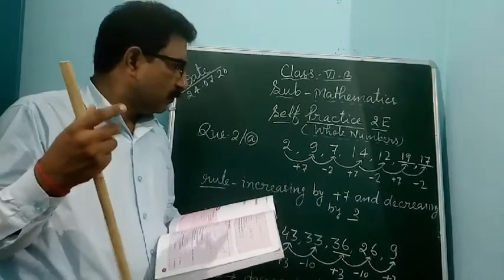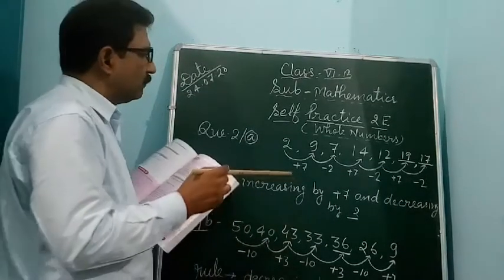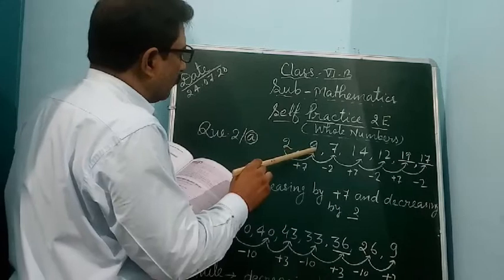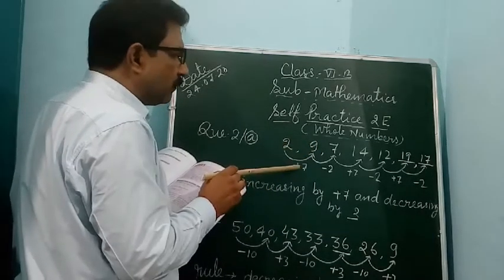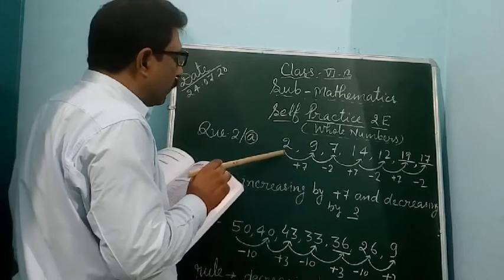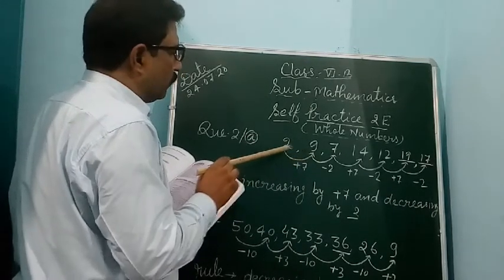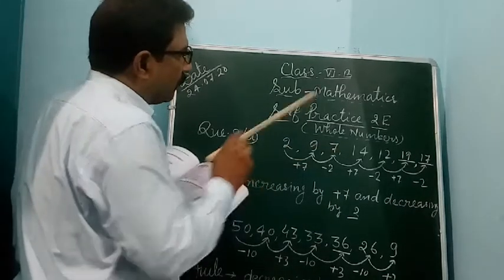The pattern follows a rule. The difference between 2 and 9 is 7, so the number is increasing by 7.